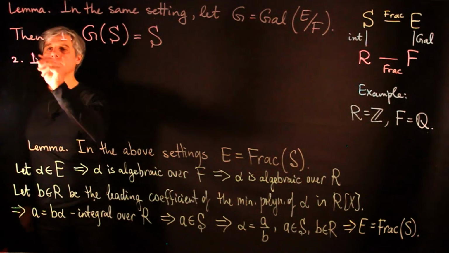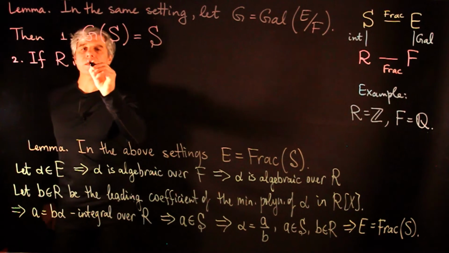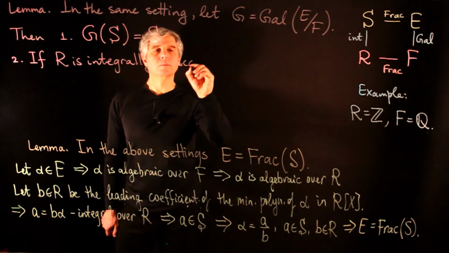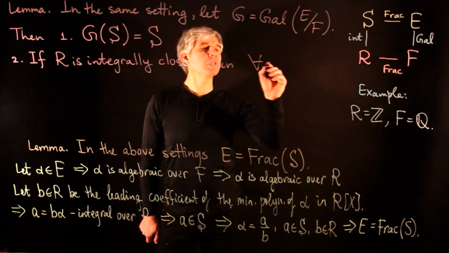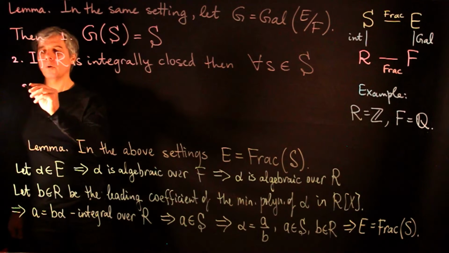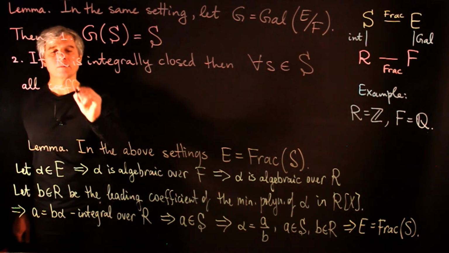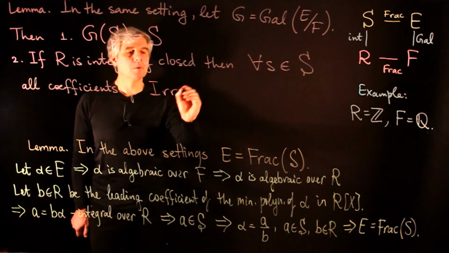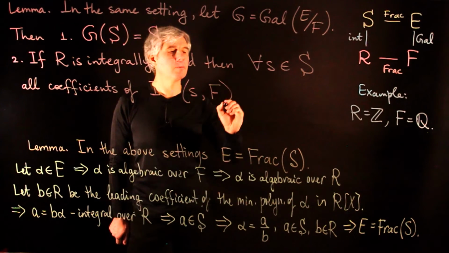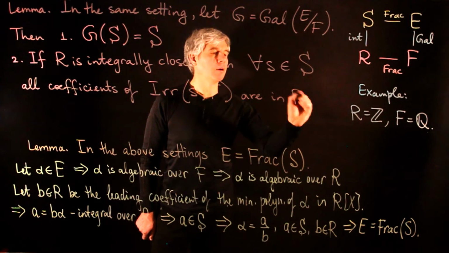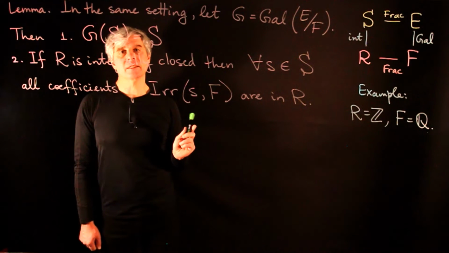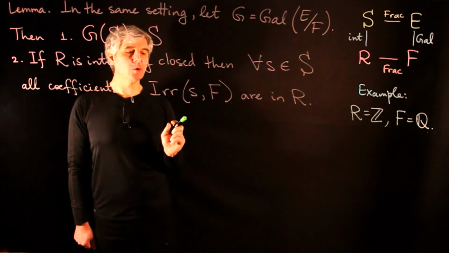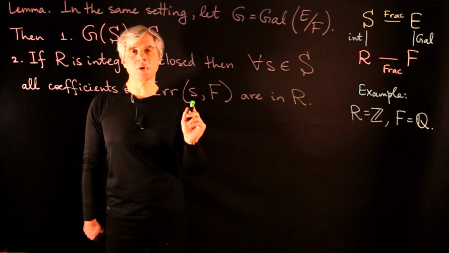And two, if R is integrally closed, then for every element s in the ring S, all coefficients of the minimal polynomial of s over the field F are in fact in the ring R. The second condition tells us that if we want to check whether an element of E is integral or not, we only need to look at the monic minimal polynomial of this element.